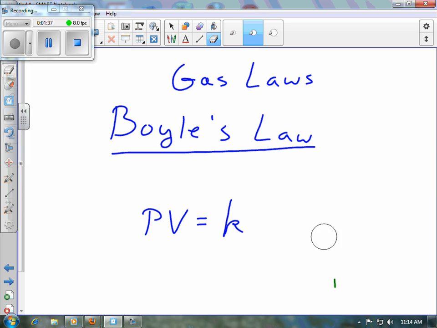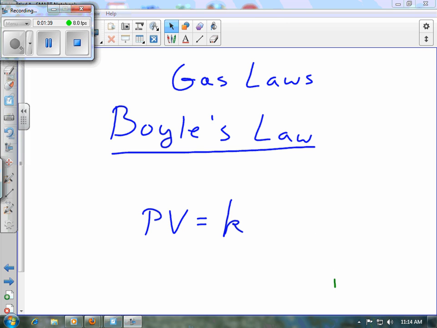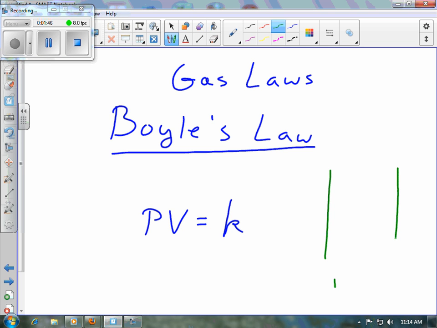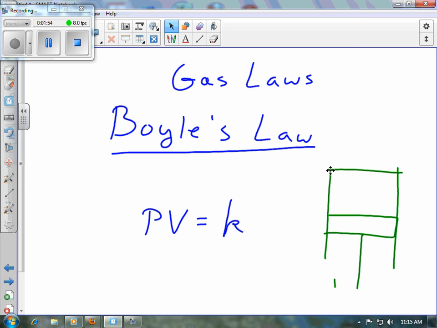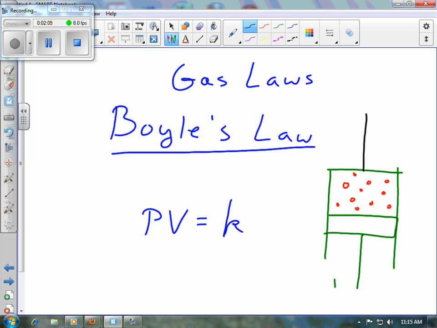So let's do the famous example: here's a cylinder, and inside the cylinder is a piston. You have a certain number of molecules of gas with a certain temperature zooming around inside your cylinder, and you measure the pressure, say 100 psi.